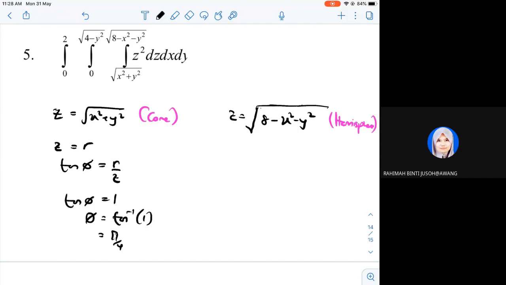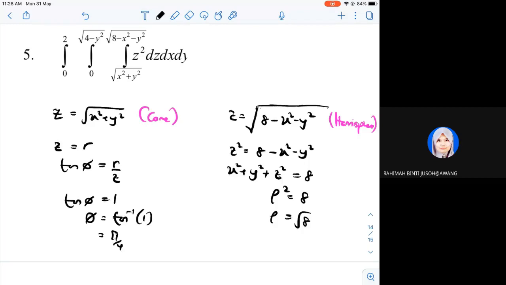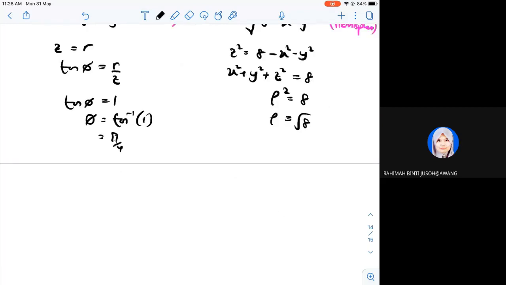Okay, now for the hemisphere, again, if we square both sides, we will have 8 minus x squared minus y squared. So x squared plus y squared plus z squared equals to 8. Therefore, rho squared equals to 8. So rho equals to square root 8. Okay, so phi we have, rho we also have. Rho equals to square root 8.